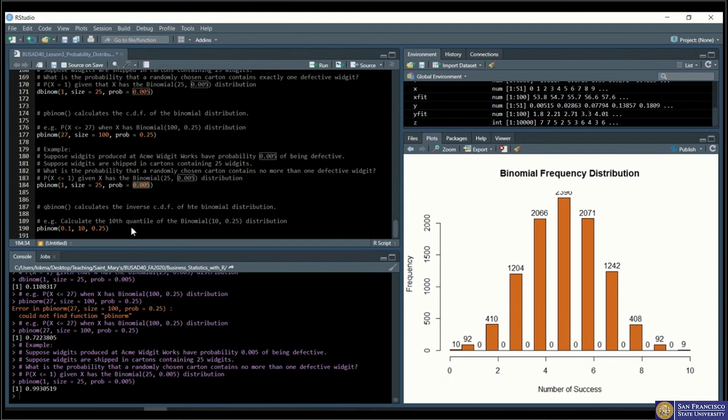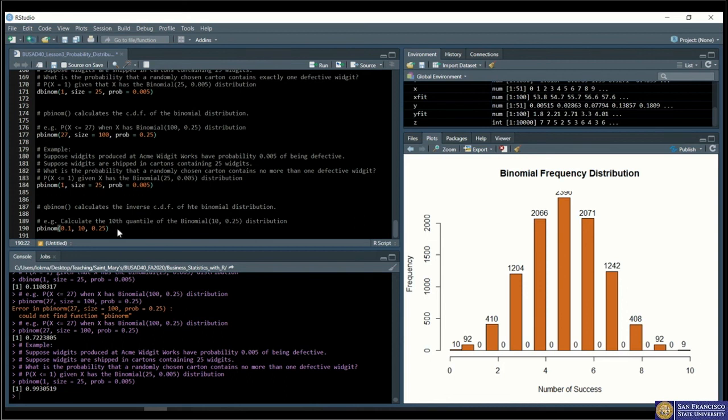All right, the last function we want to demonstrate here is the Q binomial function. The Q binomial function is the reverse of the P binomial function. You're given the probability that you want to search in your distribution, and the Q binomial function is going to return the location on the x-axis.